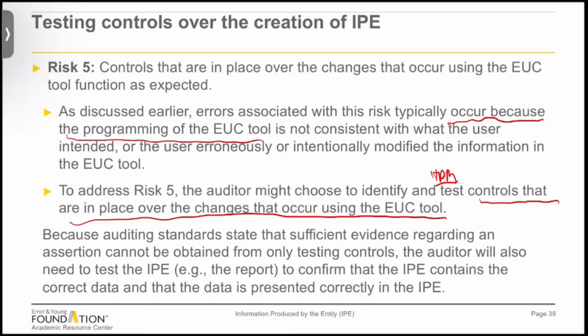Because auditing standards state that sufficient evidence regarding an assertion cannot be obtained from only testing controls, the auditor would also need to test the IPE, for example, the report itself, to confirm that the IPE contains the correct data and that the data is presented correctly in the IPE.